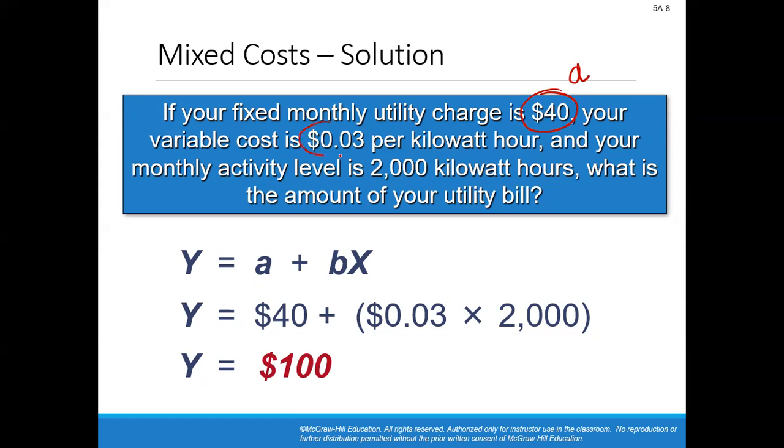Your variable cost is $0.03, which is b here, the coefficient or the slope per kilowatt hour, and your monthly activity level is 2000 kilowatt hours, which indicates the activity base by x. And what is the amount of your utility bill? The question is y.